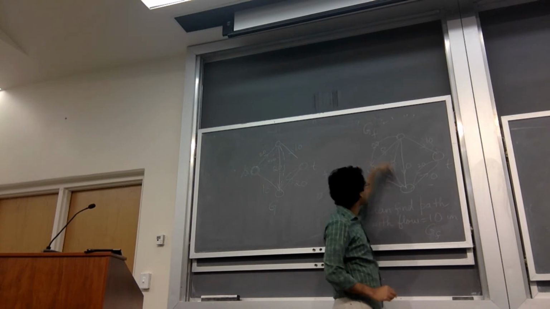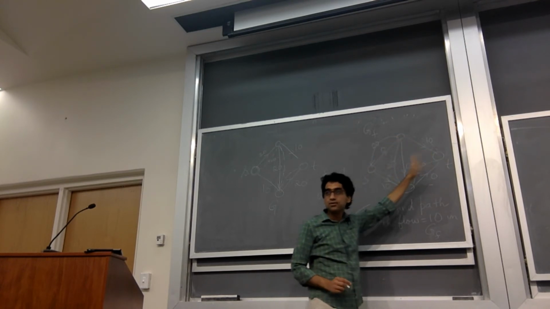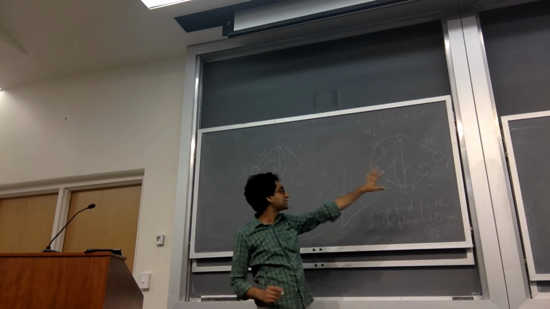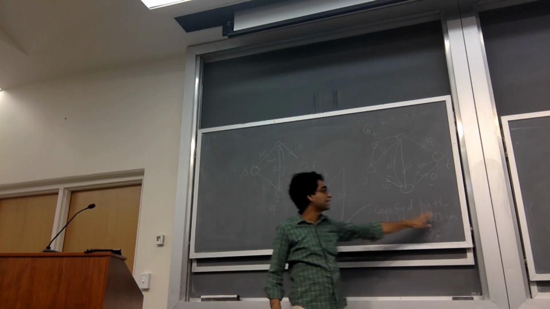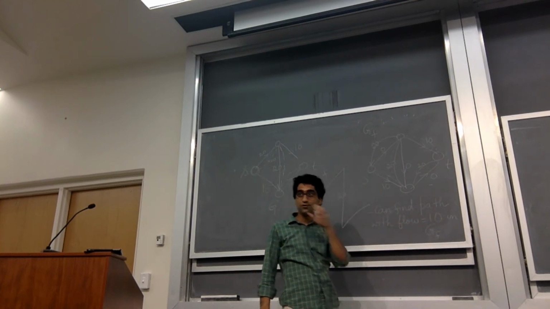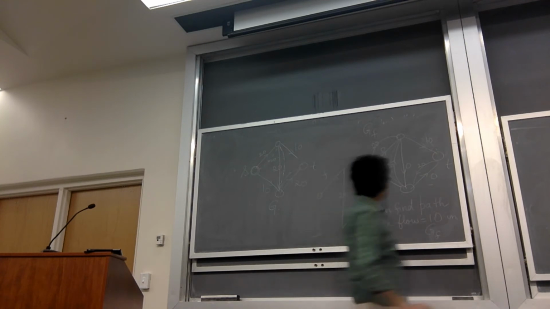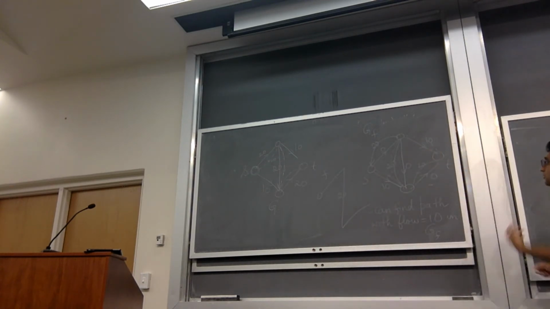So I could have found this 10 here, 10 here, 10 there. And this is a path from S to T of flow value 10. And this would be a valid flow in the residual graph, in this G sub F.